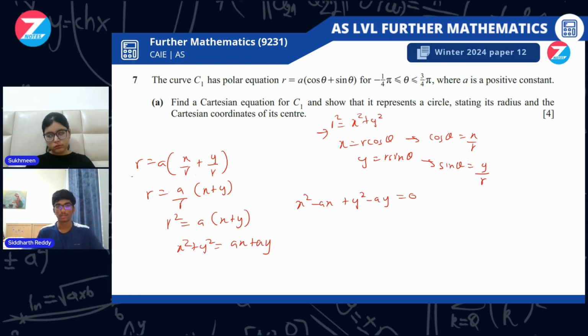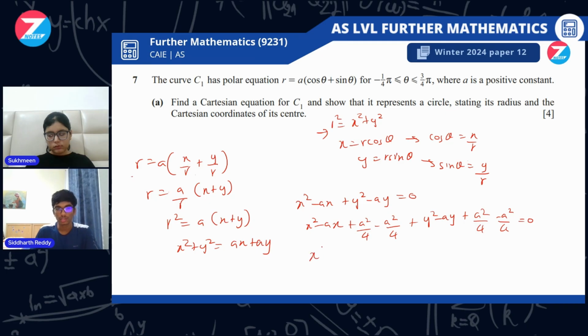And we can just complete the square here. So we have x square minus ax plus a square by 4 minus a square by 4, plus y square minus ay plus a square by 4 minus a square by 4 is equal to 0.